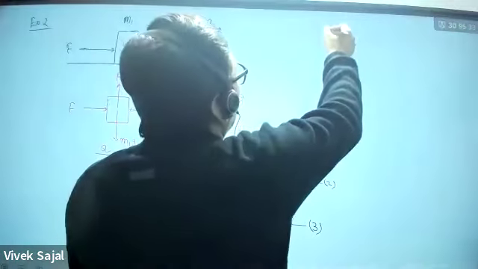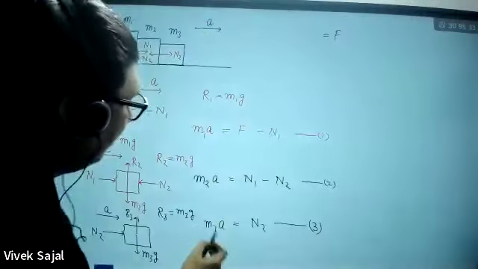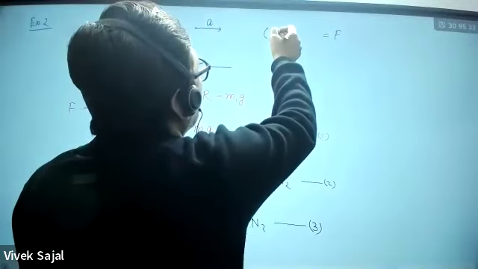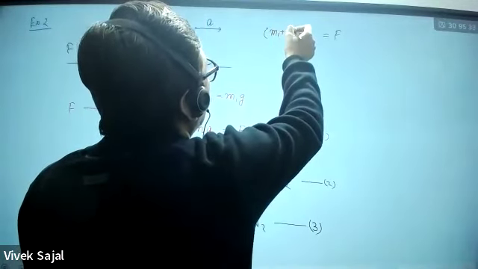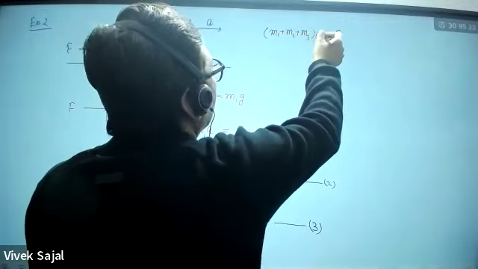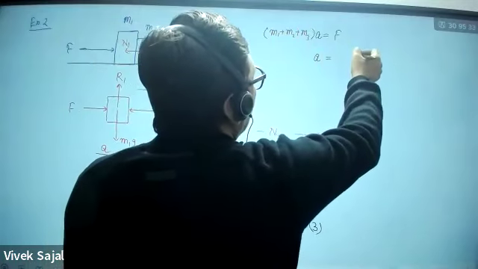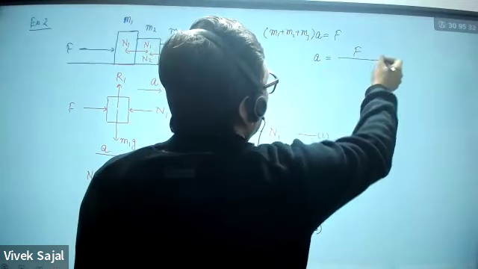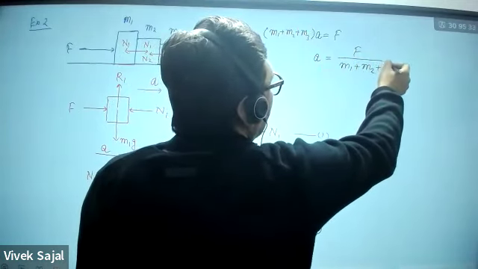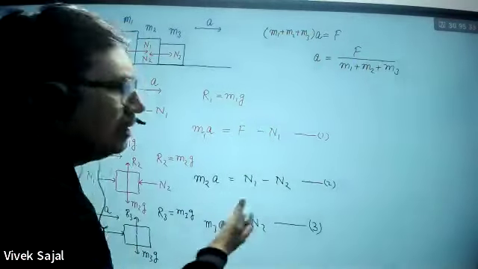So on adding 1, 2, and 3, on the right hand side we have F. On the left hand side, we have M1 plus M2 plus M3 into A. So the acceleration is equal to F upon M1 plus M2 plus M3. Directly, I have just explained how to write these equations.